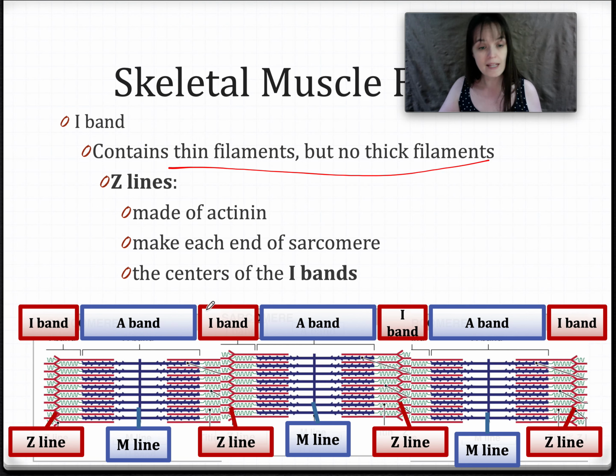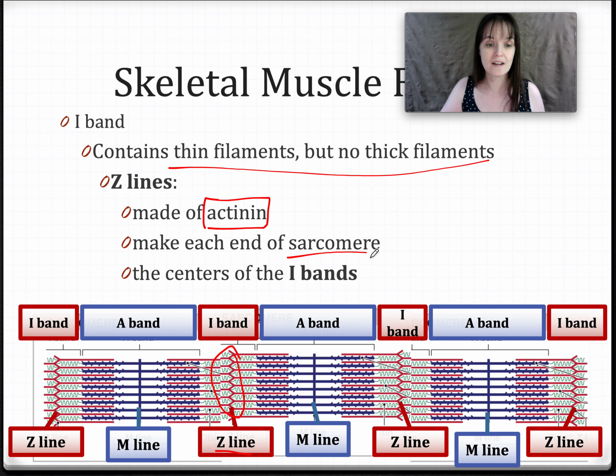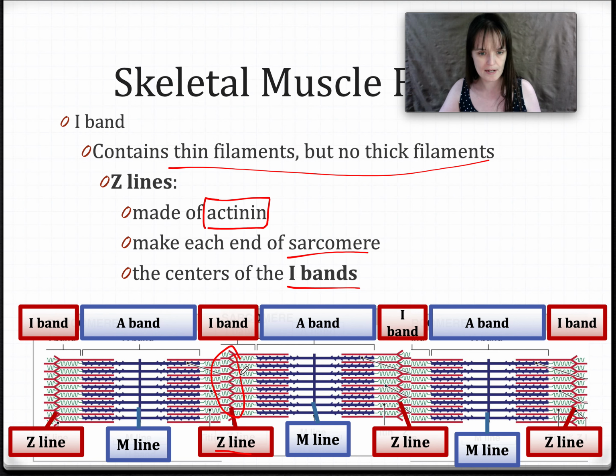And in the middle of the I band is a Z line. Here's a Z line. And the Z line has a distinctive zigzag appearance. It's made of actinin, and it marks the ends of the sarcomeres and is in the middle of the I band. So here's the I band, and the Z line is in the middle.